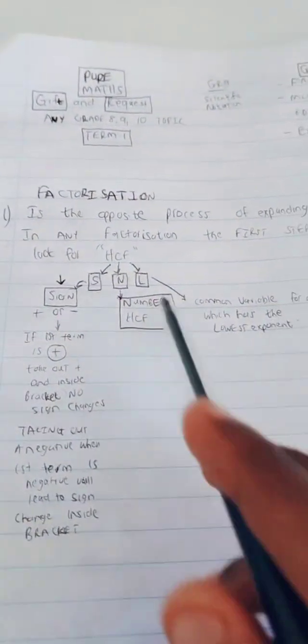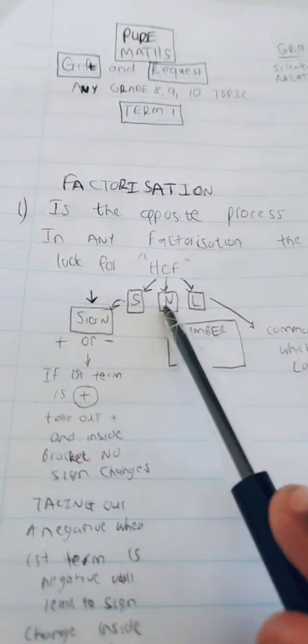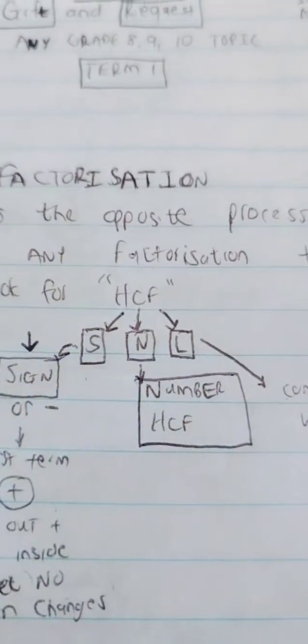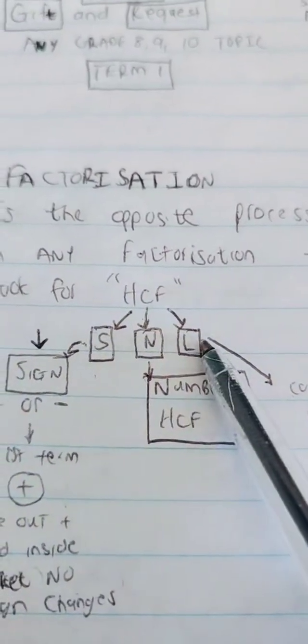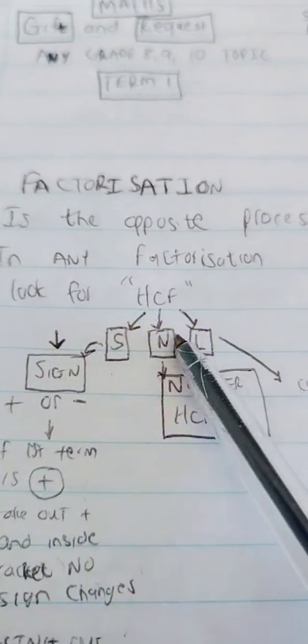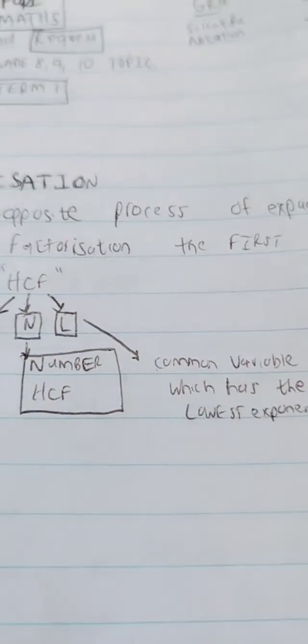Okay, so these are the 3 important things that you consider when you take out the highest common factor: the sign, the number, the letter. So when I say S and L, I simply mean S sign, N number, L letter or the alphabetical letter, which is a variable.